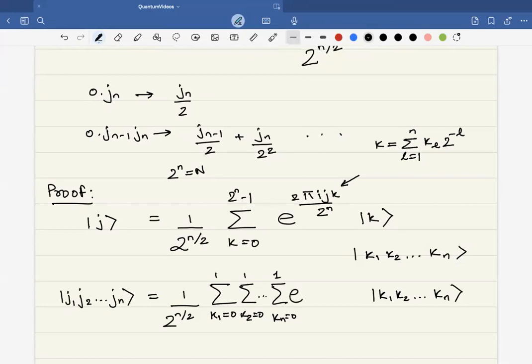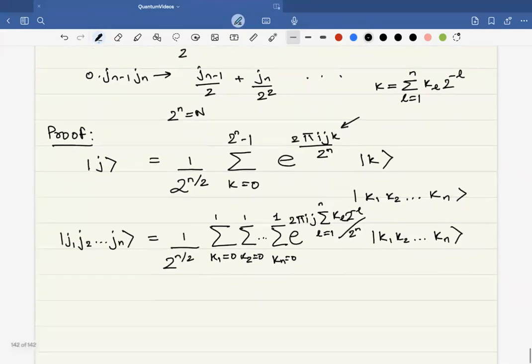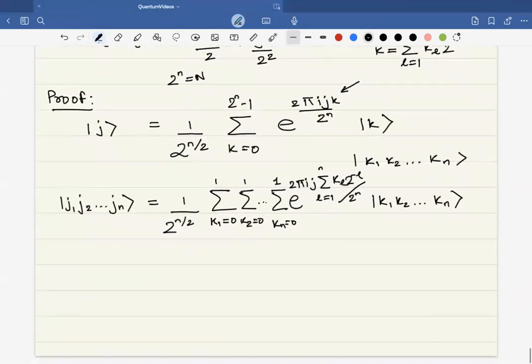So this will be e to the power 2 pi i j k. There will be a summation in the top as well. Summation l equal to 1 to n kl 2 to the minus l, and the whole thing will get divided by 2 power n. Right, this is all in the exponent.